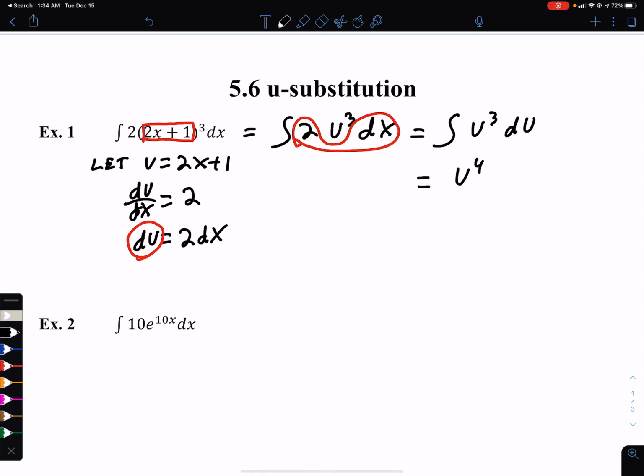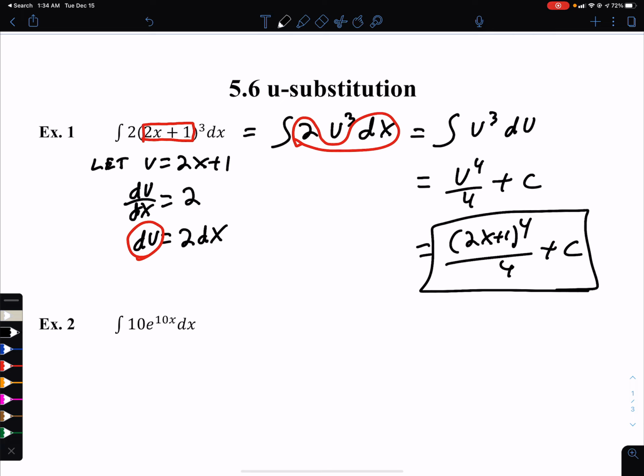We add 1 to the exponent, divide by that, plus c, and then we replace u with what u is, 2x plus 1. So our final answer is going to be 2x plus 1 to the 4th over 4 plus c. That's our antiderivative using u-sub. That's technique number 1. Let me show you the alternate technique that some of you might like better.